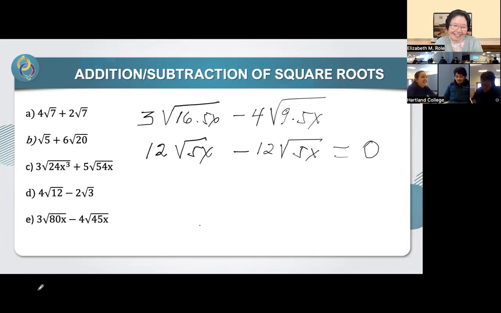It would be the square root of 5x if it were 12 minus the square root of 5x minus 11 square root of 5x. Then that would be the square root of 5x. But it's 12 minus 12, that's equal to 0.